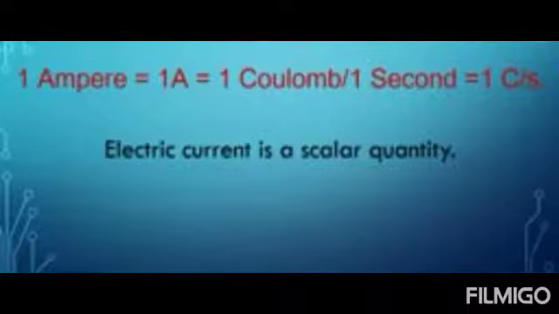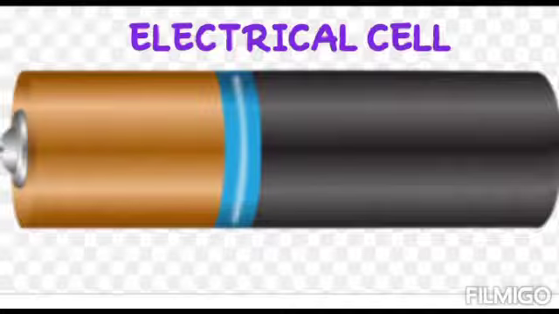Okay, next point we'll see is the electric cell. What is this electric cell? A source is required to produce a uniform flow of charge in a circuit, and such a device is called an electric cell.